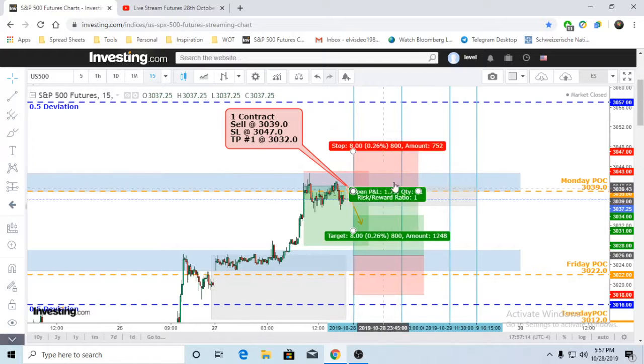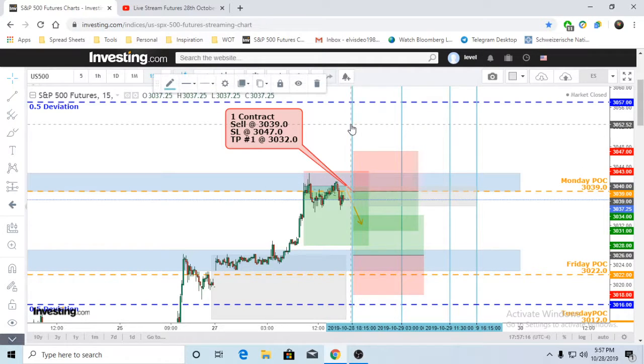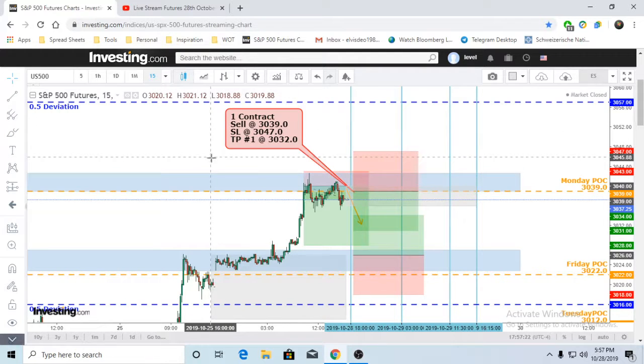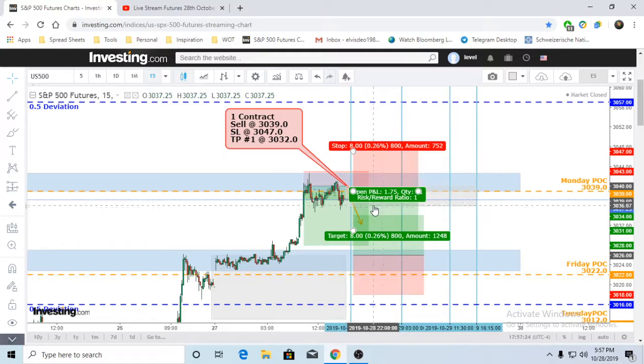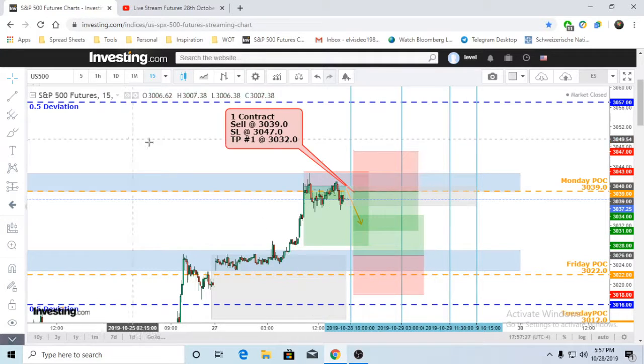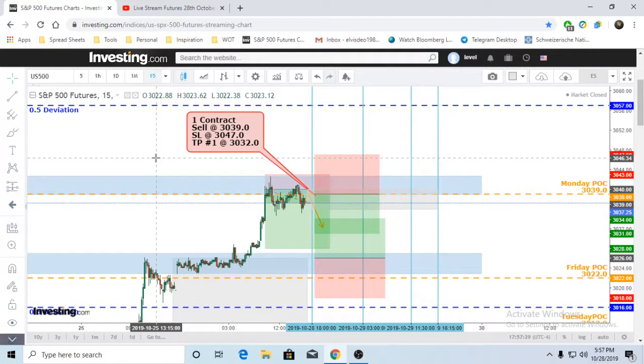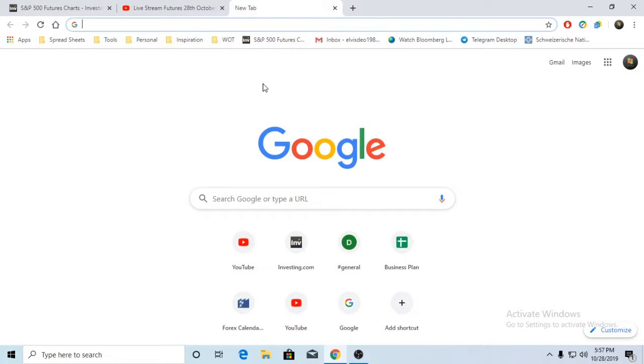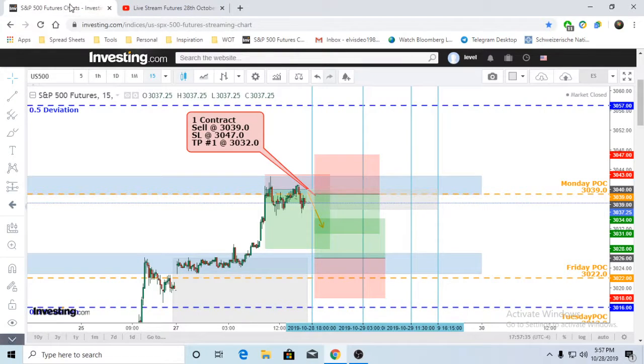Market opens off. Right, so more or less we head back to the downside. So that is a straight line. Let's go through. I have to do the same one.